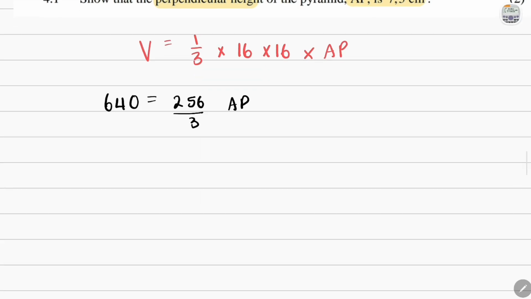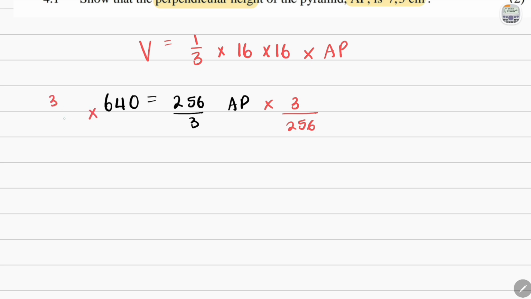Okay, it just gets multiplied. And now to finally solve for AP, the height, you'd get rid of this. You can divide both hand sides by this, or you can multiply both hand sides by its reciprocal. So we'll say 3/256. That way the 3 cancels with the denominator, the 256 cancels with the numerator, and then that's gone.